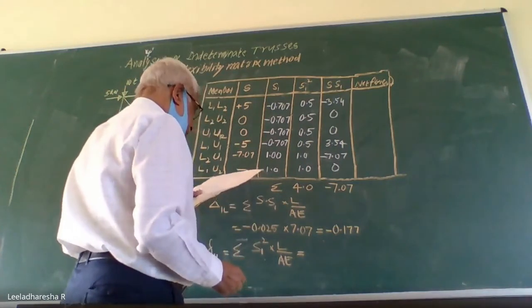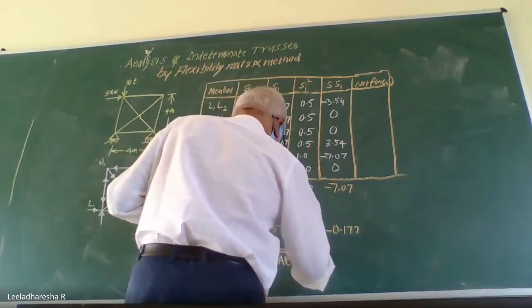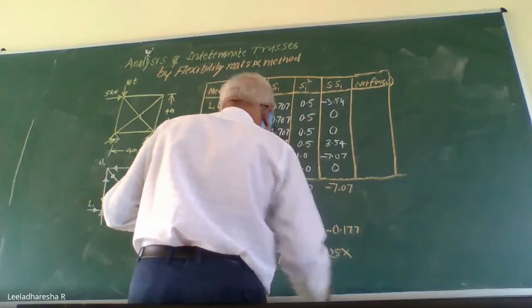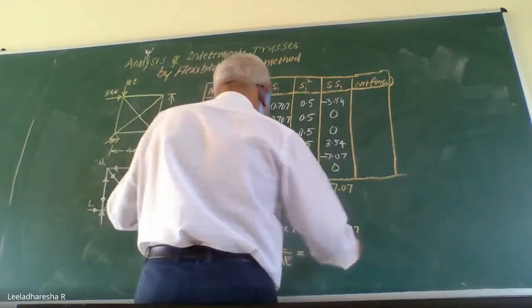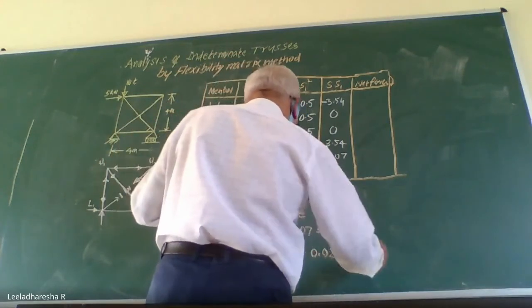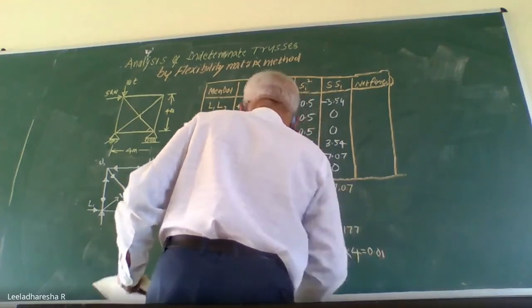It is 0.025 into 4, that is sigma is 4. So you get this 0.1.